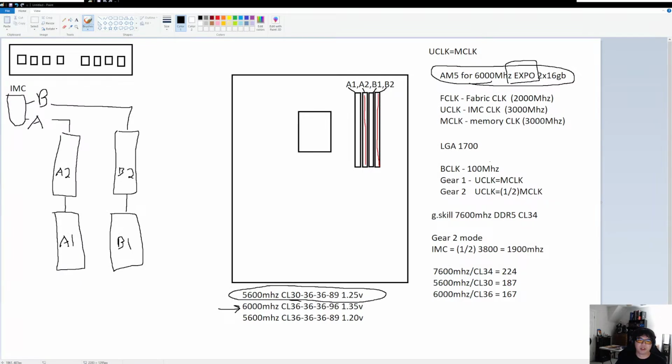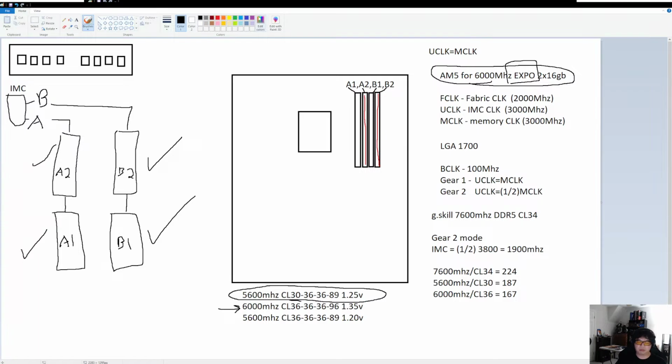So if you want to run 128 gigs of RAM, I guess we'll talk about high density RAM. You have to typically run 4 sticks of RAM. That means not only is A2 and B2 going to be populated with RAM, but you're going to have to populate A1 and B1.